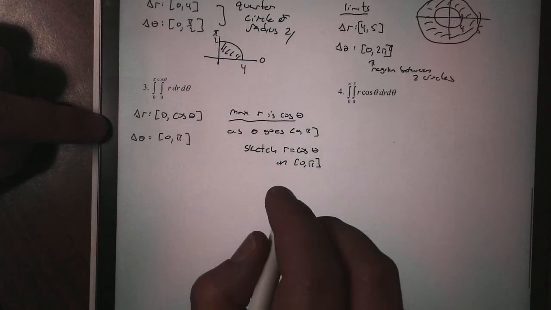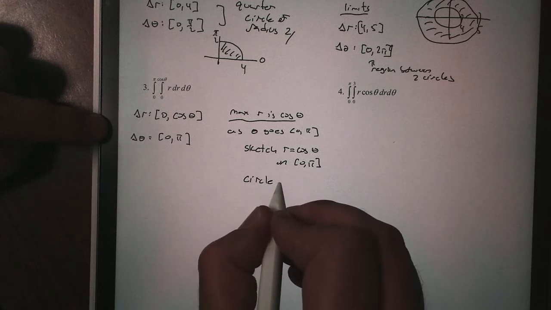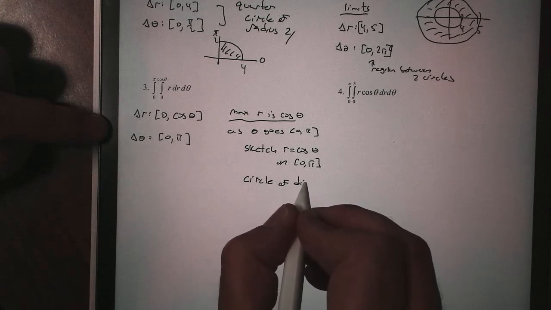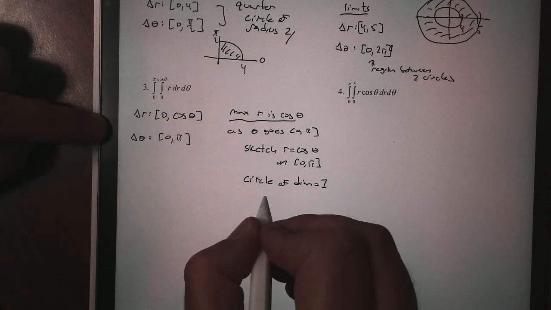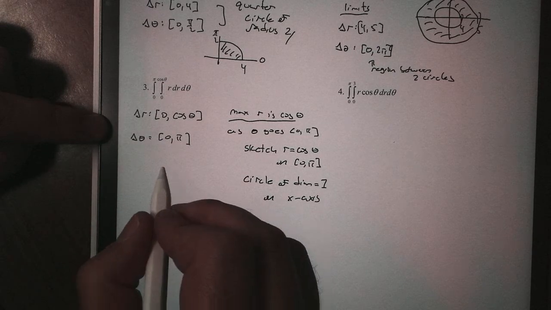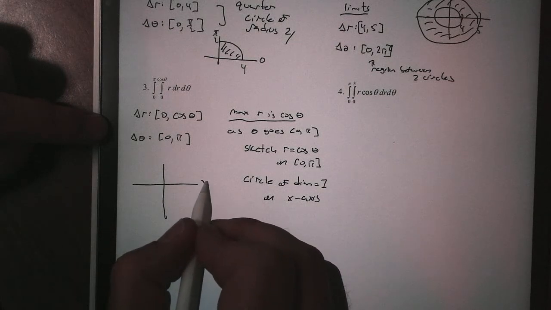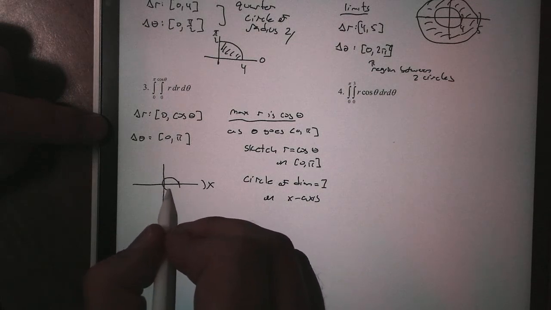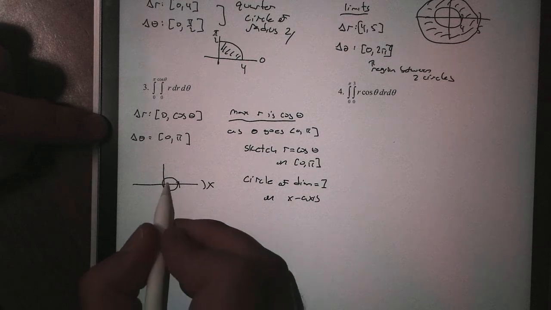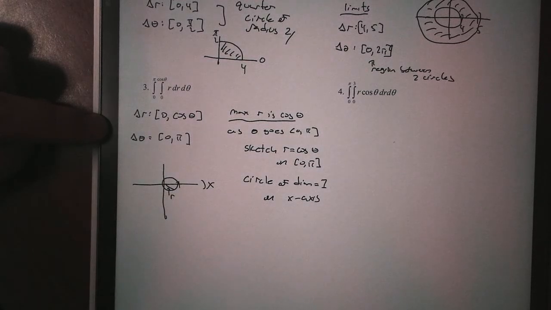Now you might recall from pre-cal that this is a circle of diameter 1 on the x-axis. So I can draw that. On the x-axis, there's 1. I just draw my circle. There's my radius right there.